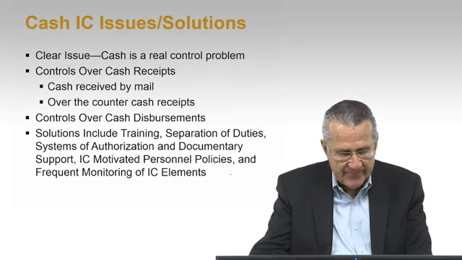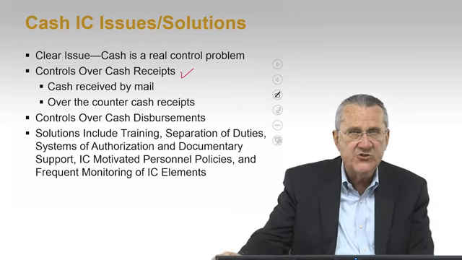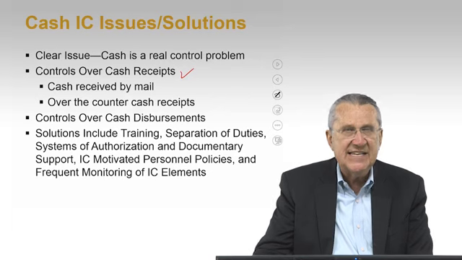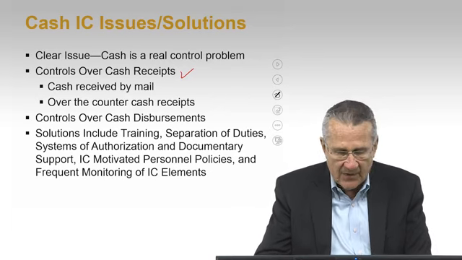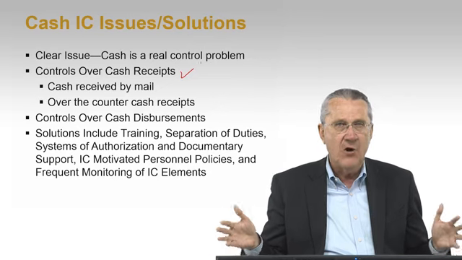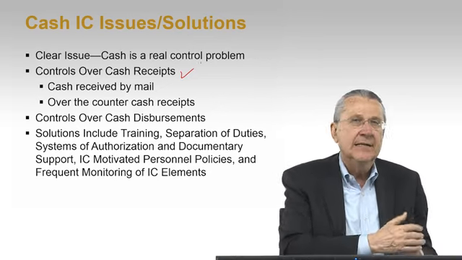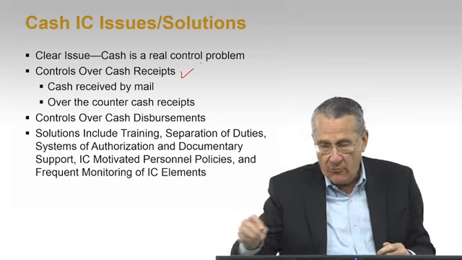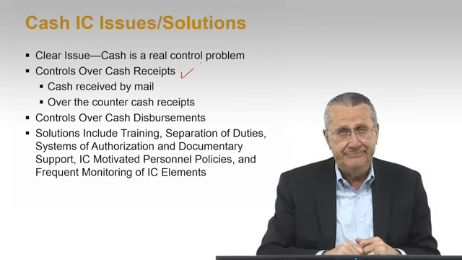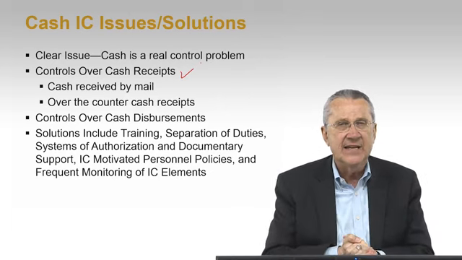In cash, that means we want controls over cash receipts. Cash received by mail. You never let one person sit in a dark room all by themselves and open mail from customers and then record the amount of cash that's collected. That's a disaster waiting to happen.